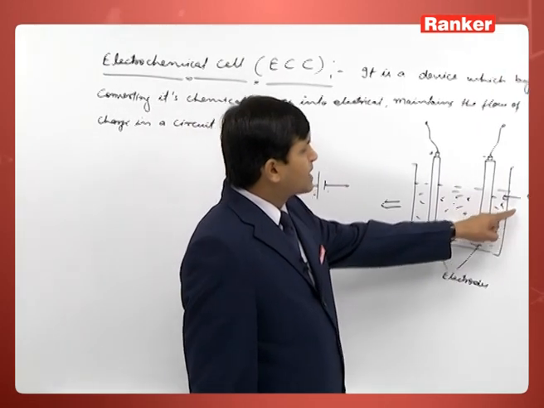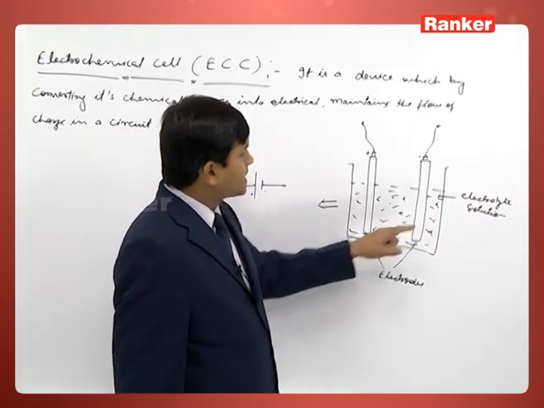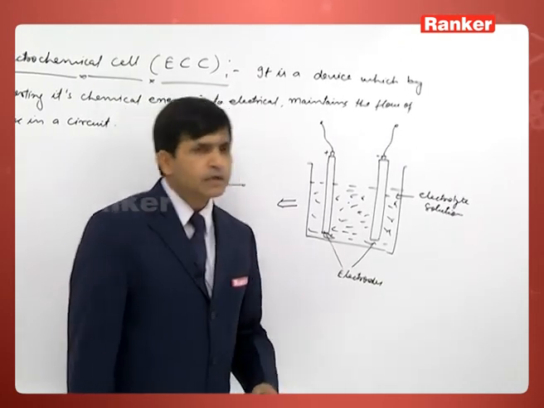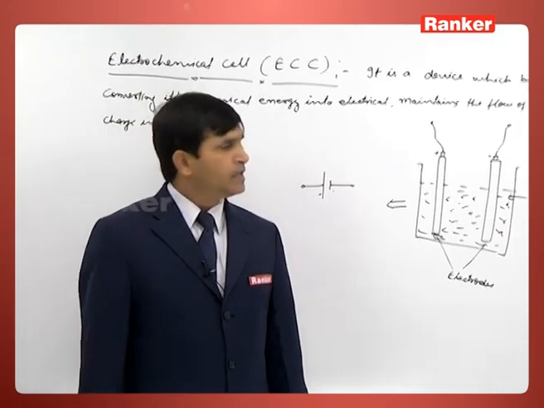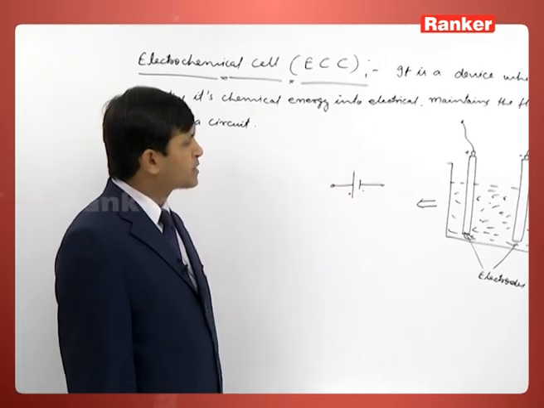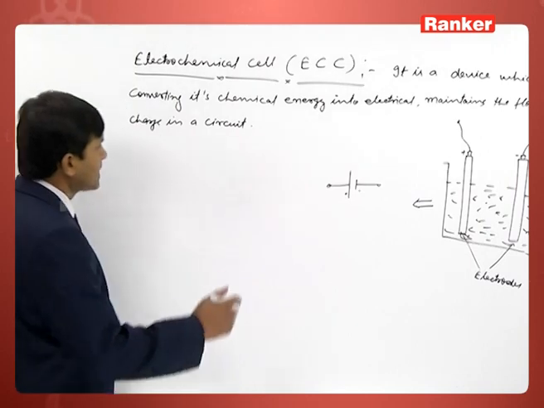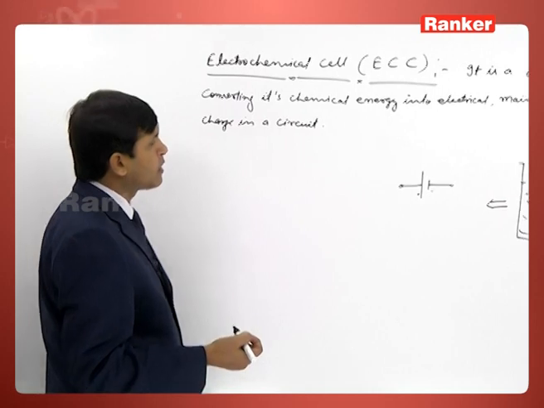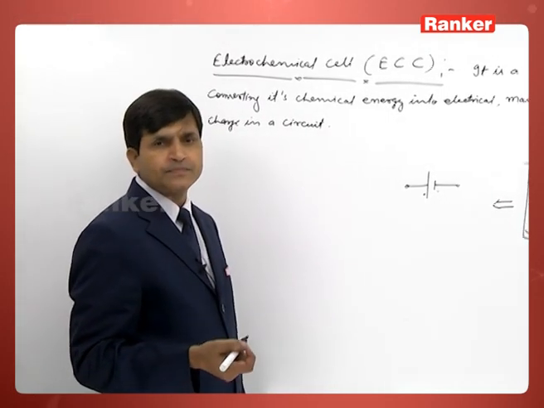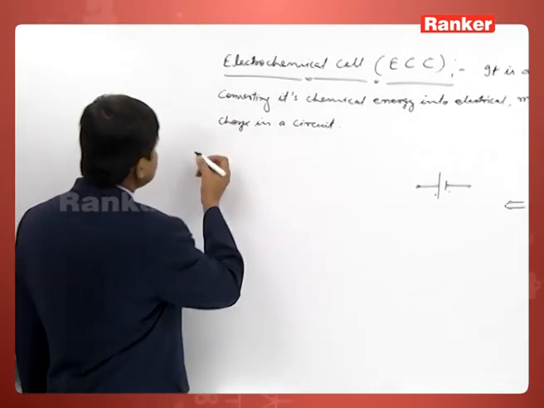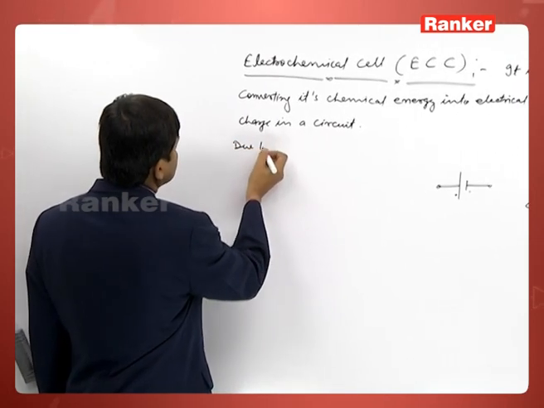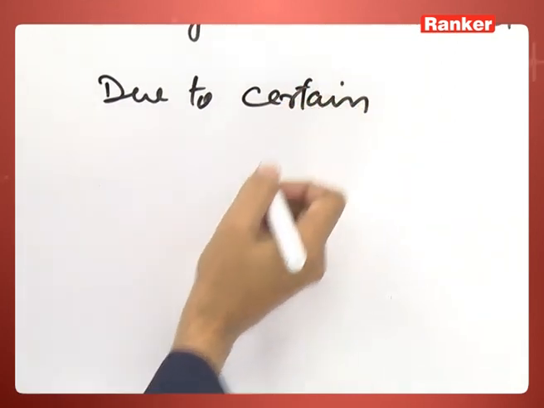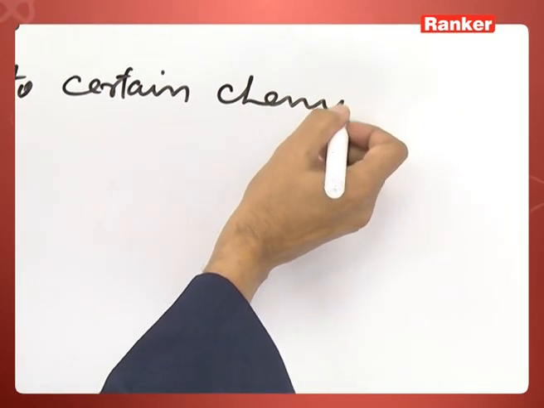In this electrolyte solution there are electrodes made from certain metals. Due to some chemical reaction, a constant force develops between the two electrodes. We are not going into which type of chemical reaction; normally oxidation and reduction reactions occur inside the cell.